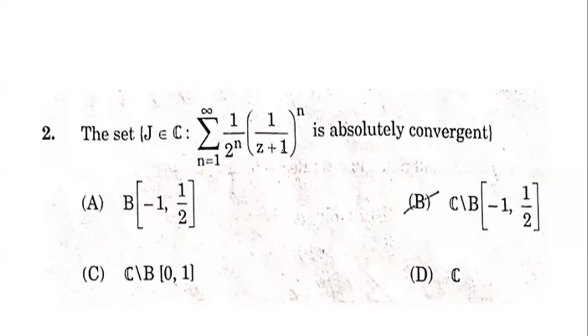Next, the second question. The set of all z belonging to complex numbers such that the series 1 by 2 raised to n, 1 divided by z plus 1 whole raised to n, is absolutely convergent. In what condition is this absolutely convergent?